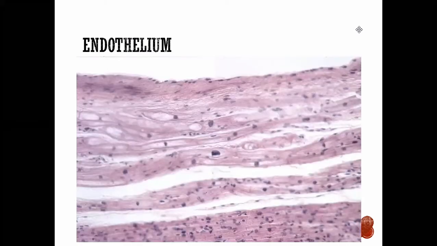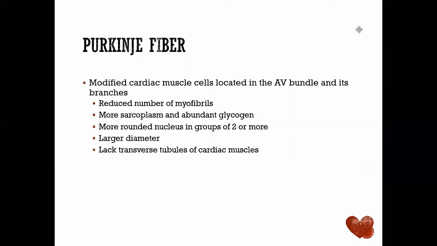There you are, another view. Okay, Purkinje fiber with an R. These are modified cardiac muscle cells located in the atrioventricular bundle and its branches. They have a reduced number of myofibrils. There is more sarcoplasm and abundant glycogen.